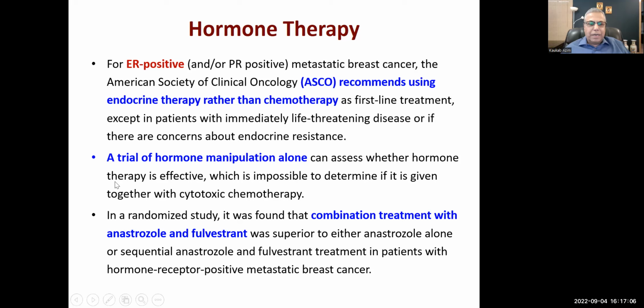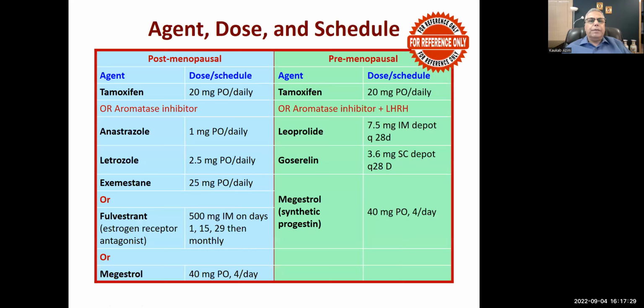Sequential therapy means you first give anastrozole for a few months, then you stop anastrozole and give fulvestrant, right? But what they found is that if you give them together, it was better than sequential therapy, and also better than using either of these drugs alone as monotherapy.